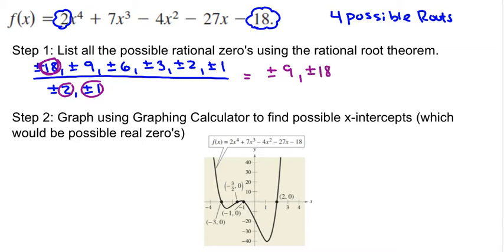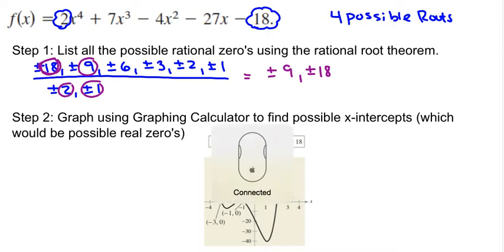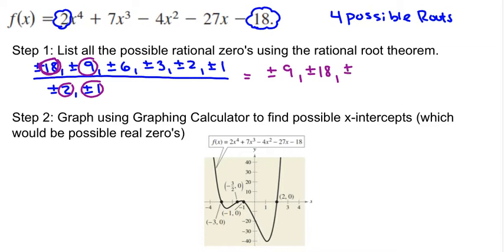And then you would just continue. 9 over 2, which is 9 halves. I'll leave it as 9 halves. And then 9 over 1, which is 9, which is already up there.